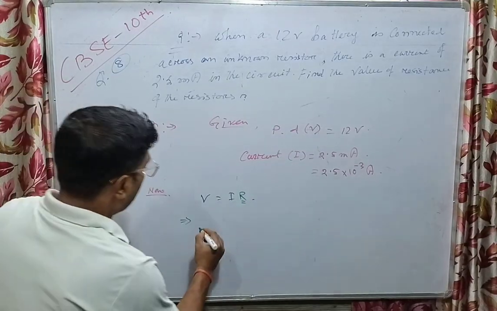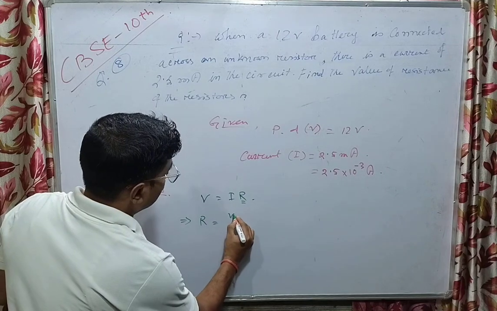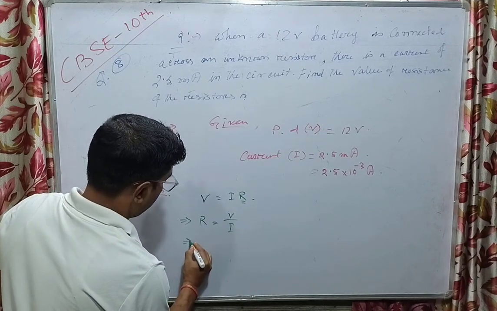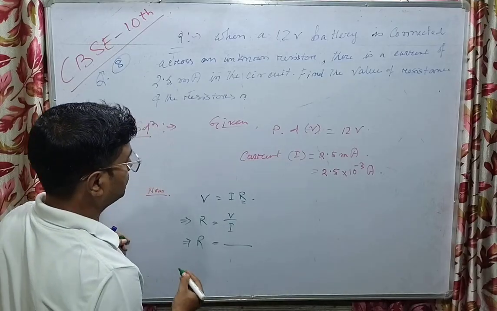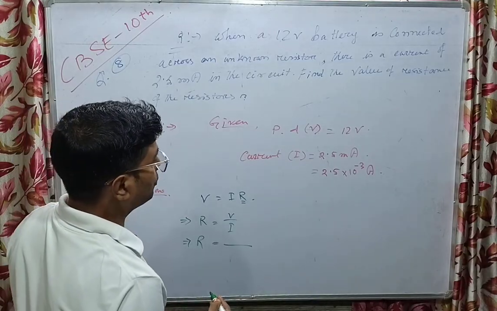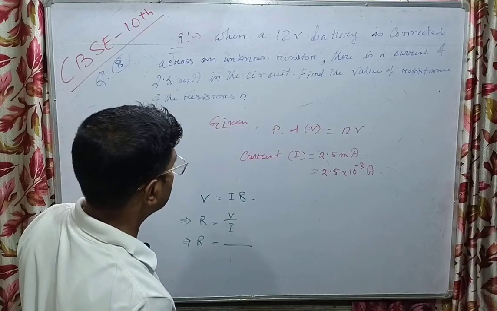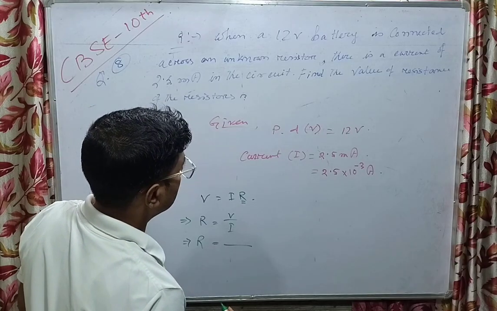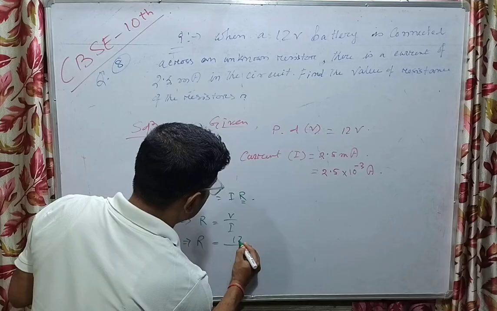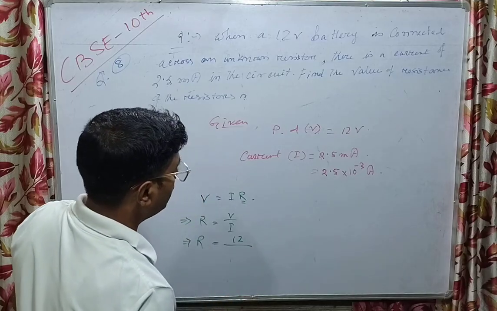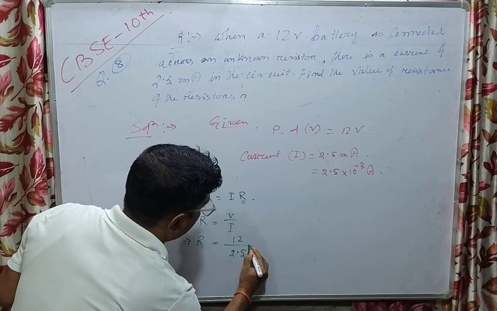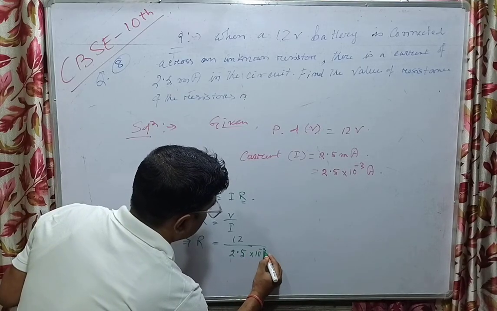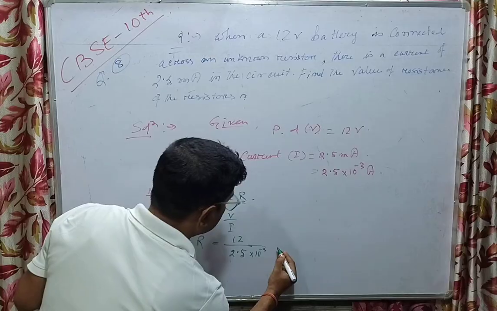R is equal to V by I. V is what? The potential difference is 12 volt, and the amount of current is 2.5 into 10 to the power minus 3.